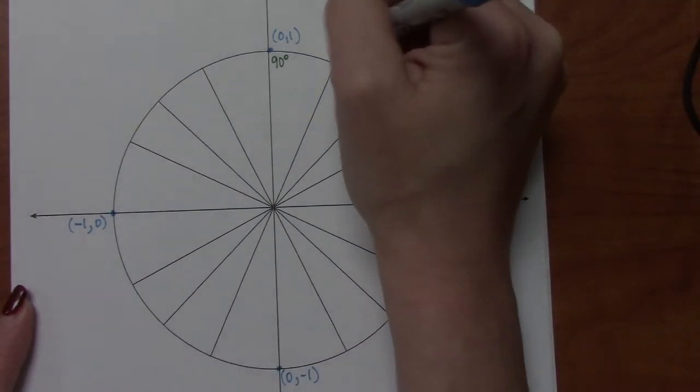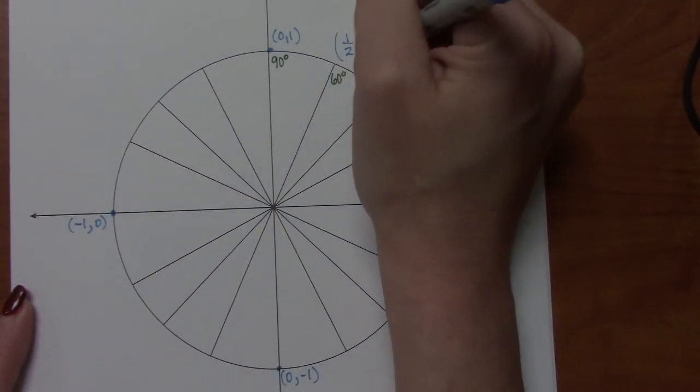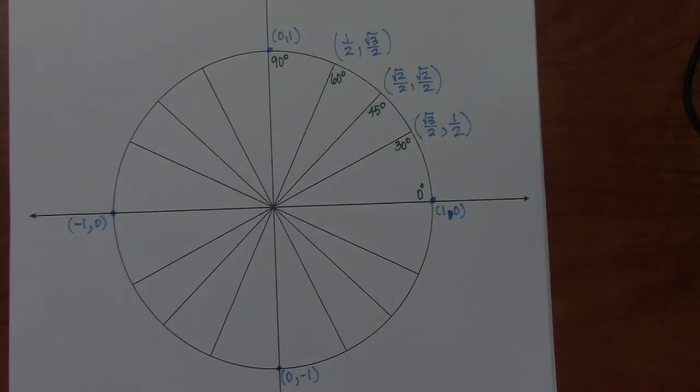At 60 degrees, it was 1/2, square root of 3 over 2. So we just filled these in by actually deriving every single one of these points.